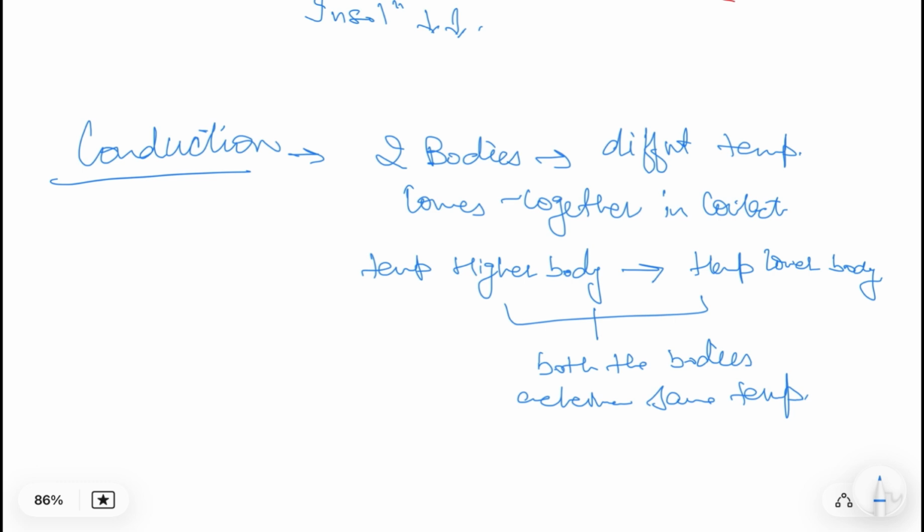So what is conduction? When two objects of varying temperatures come in contact, heat energy flows from the warmer object to the cooler one. So this process of transferring of the heat is conduction.